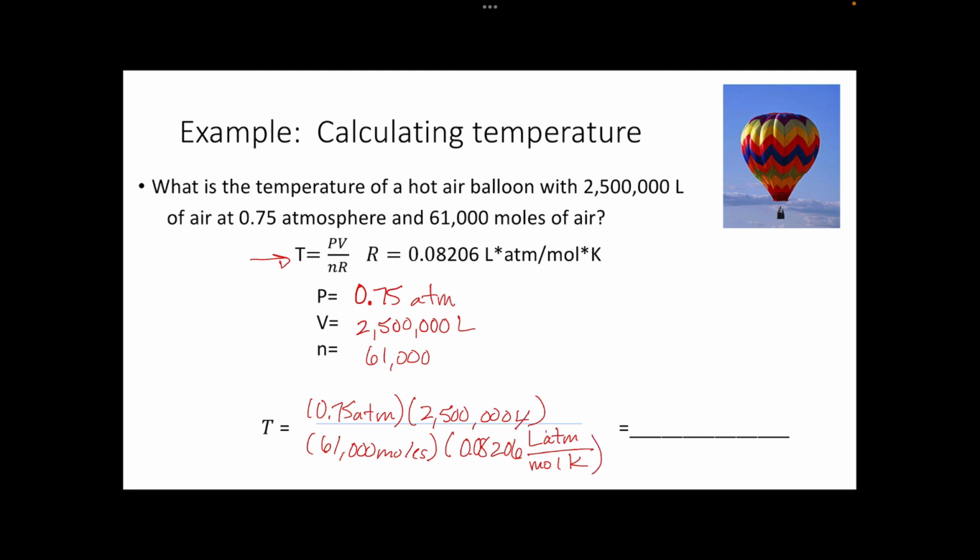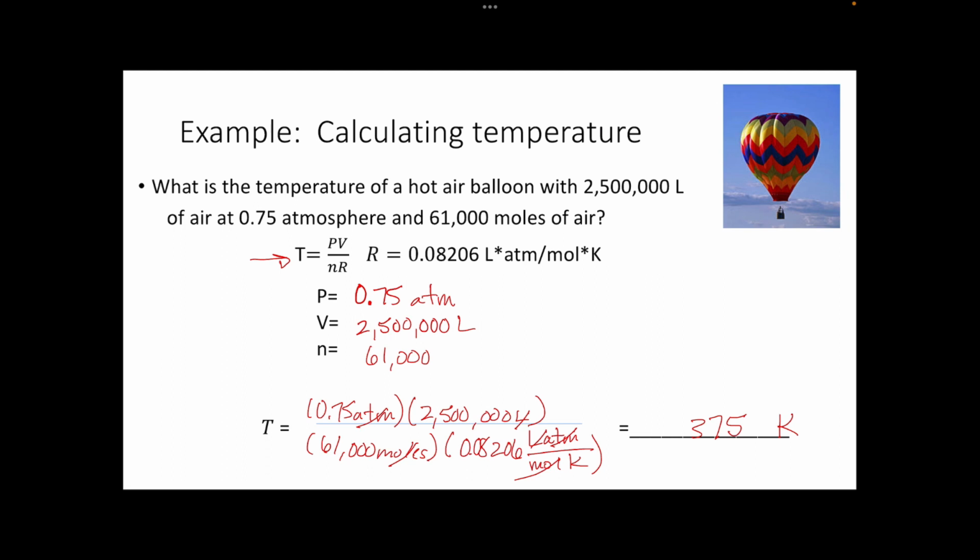Let's cancel out the units we can, and we are left with Kelvin, which is good because that is what we want. Calculating this, dividing by 61,000, if you do this dividing all in one step, you would have to put it in parentheses. We end up getting 375 degrees Kelvin. Hot. That's why we call it a hot air balloon.